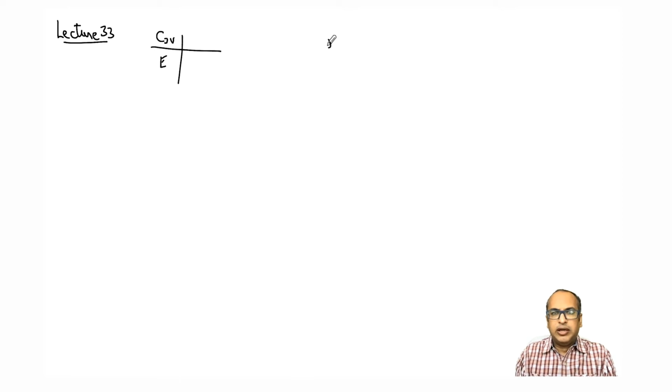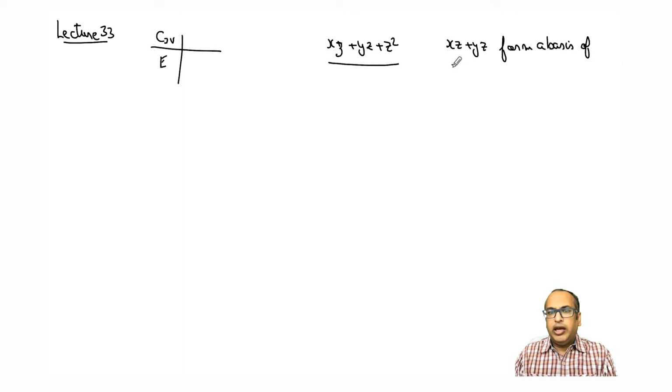We took the function xz plus yz plus z square, and used the projection operator to project part of this function onto E, so that the part, which is basically xz plus yz, forms a basis of the E irreducible representation, right?